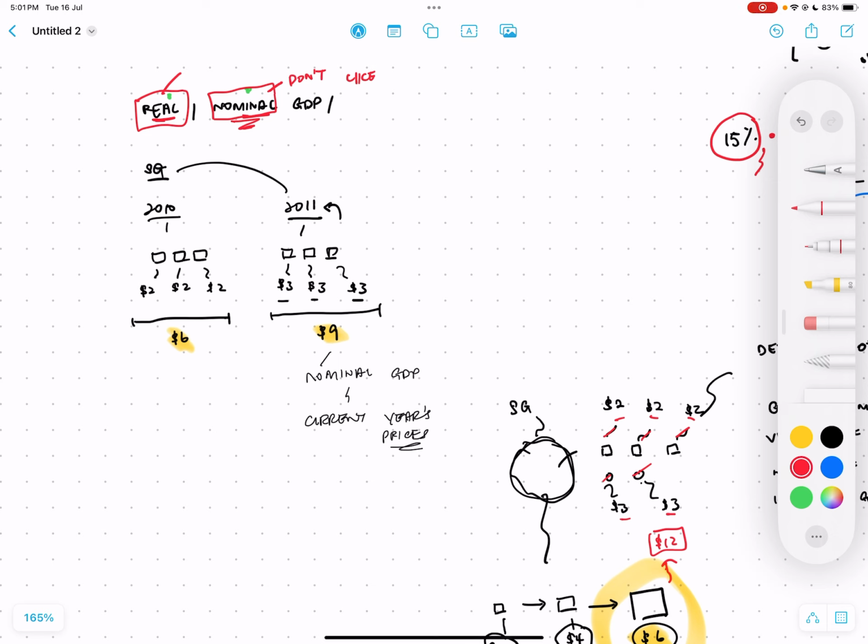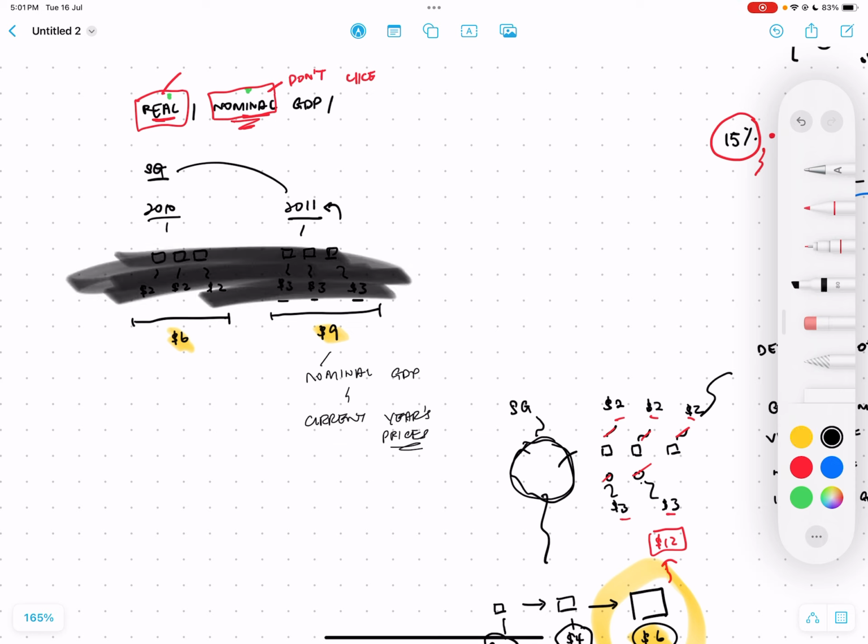Imagine I just give you the numbers, so you don't see what's happening in the background. You see 2011 you got $9 in GDP, 2010 you got $6. So it seems to suggest that your country is producing more. But why is this fake?